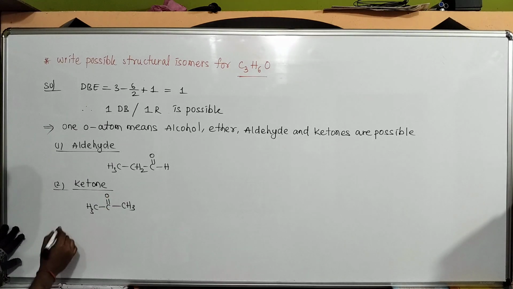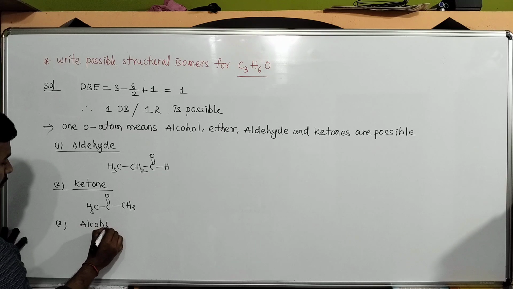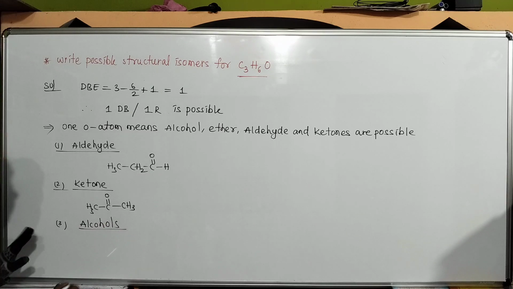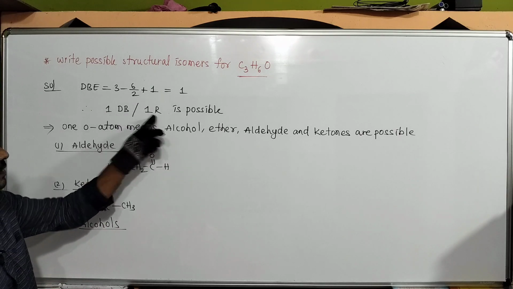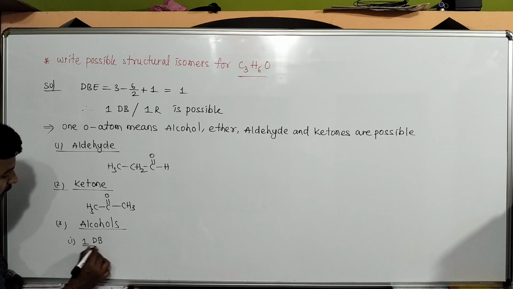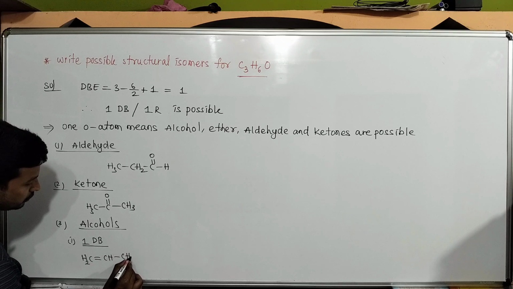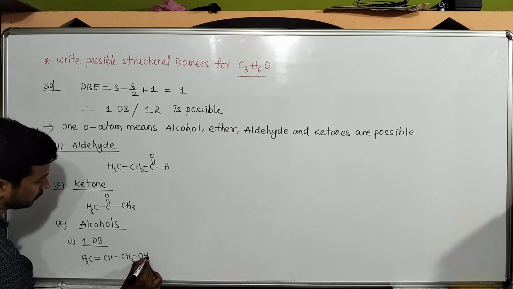Next, third one, verify for alcohols. Alcohols with a double bond are possible, and with a ring are possible. First, alcohol with one double bond, I can write like this: CH2 double bond CH2OH. This is one molecule.